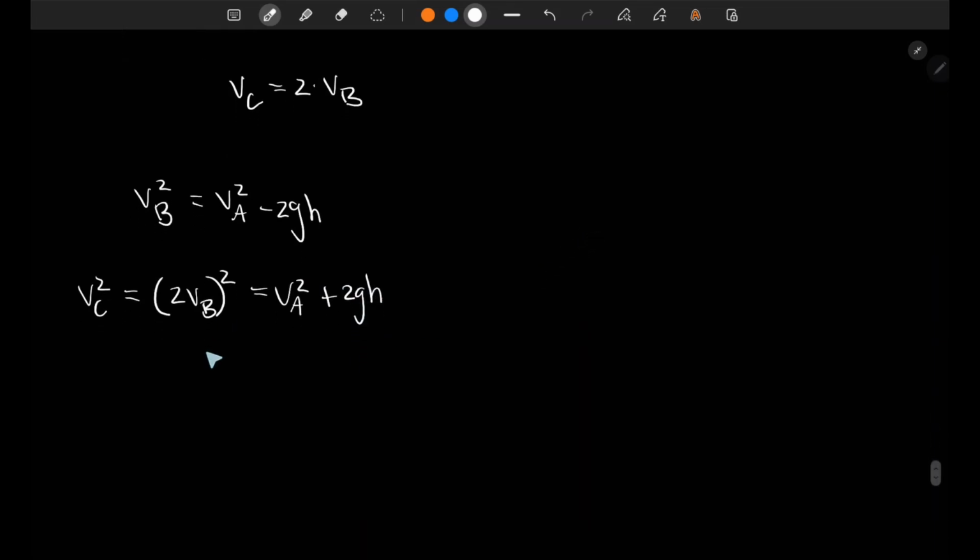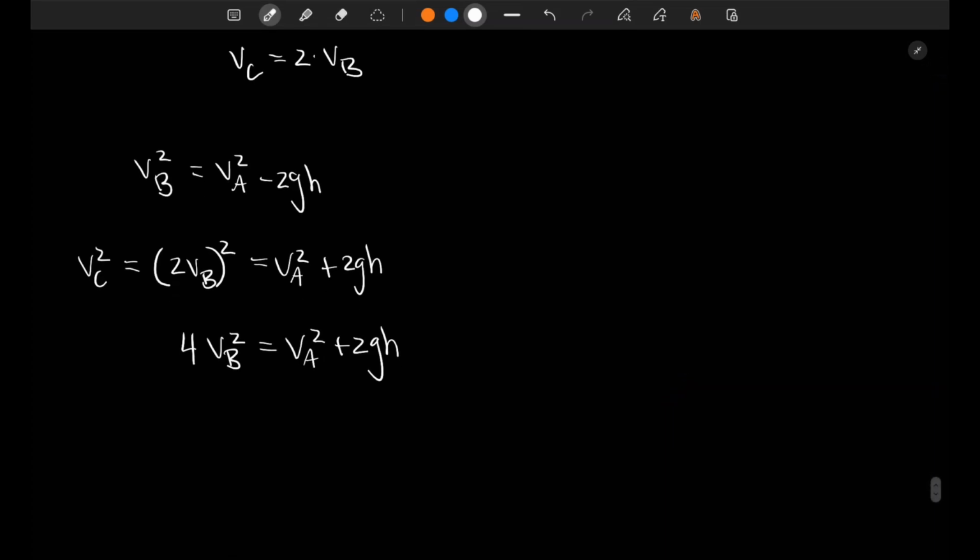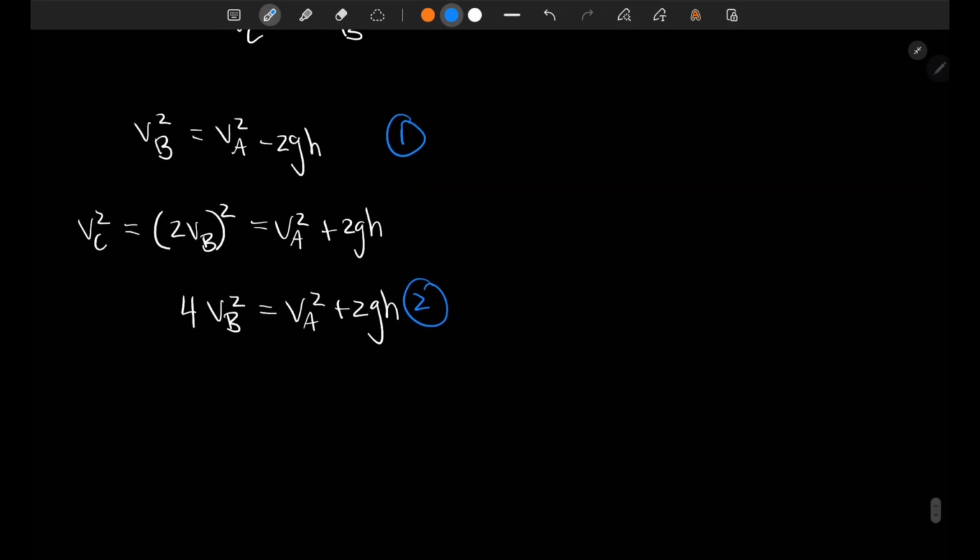But the left-hand side is really 4 times vB squared is equal to vA squared plus 2gh. Okay, now we can combine equation 1 and equation 2 here, because we notice there's a vA up here and there's a vA down here.